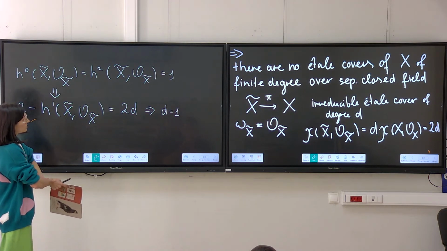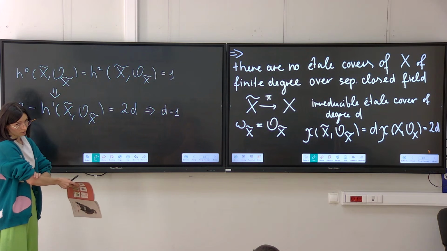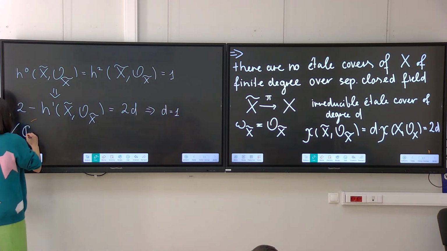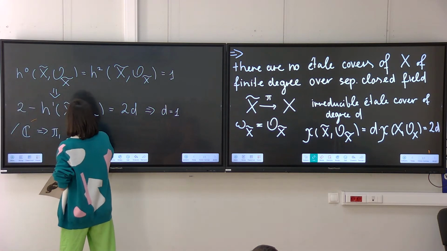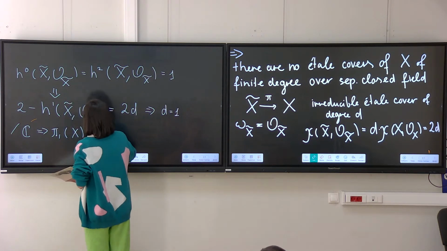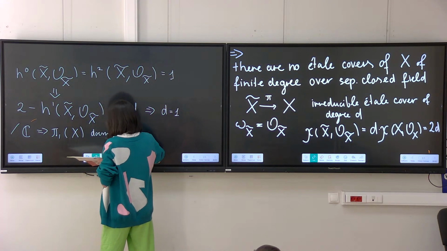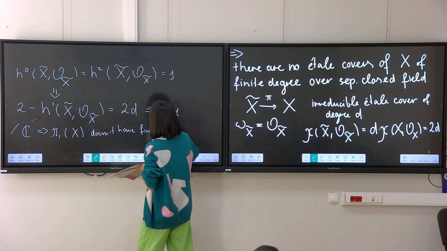So this means that the so-called algebraic or étale fundamental group is trivial. And over the complex numbers, this means that the classical fundamental group of X doesn't have finite quotients.